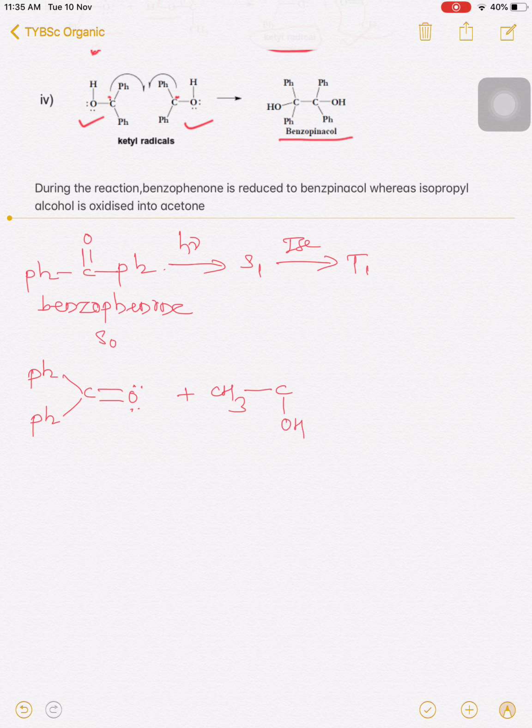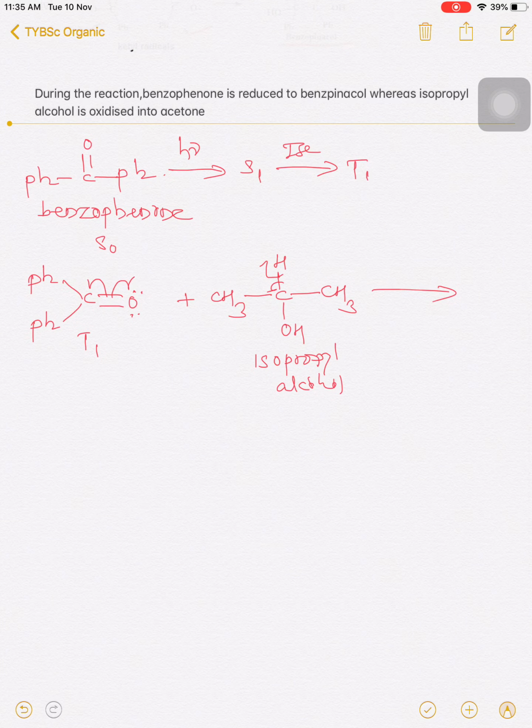This is 2-propanol, CH3 CHOH CH3. In this step, in the triplet state, this molecule abstracts a proton from the isopropyl alcohol, so this proton is split off and there is also cleavage of the carbonyl group.